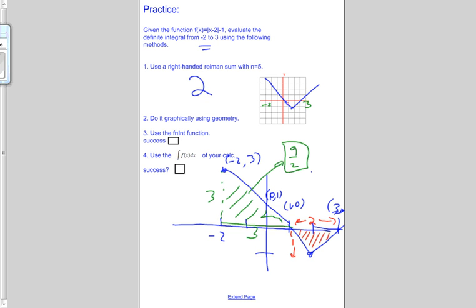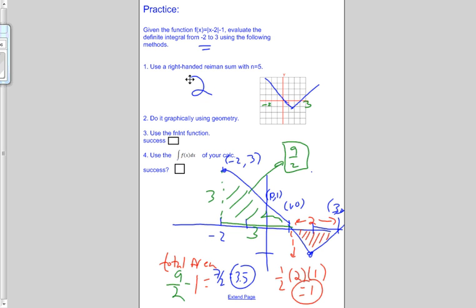So the area of that red triangle would be 1/2 times 2 times 1, or just 1. So my total area is the positive area, 9/2, minus the below area, 1. So 9/2 minus 1, we get 7/2, or 3.5.